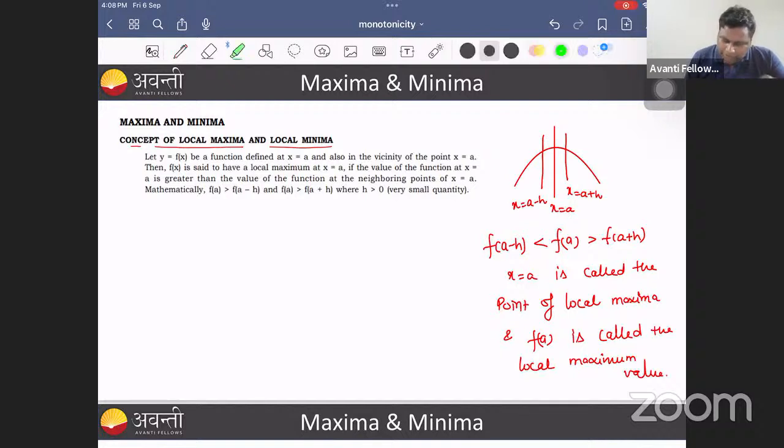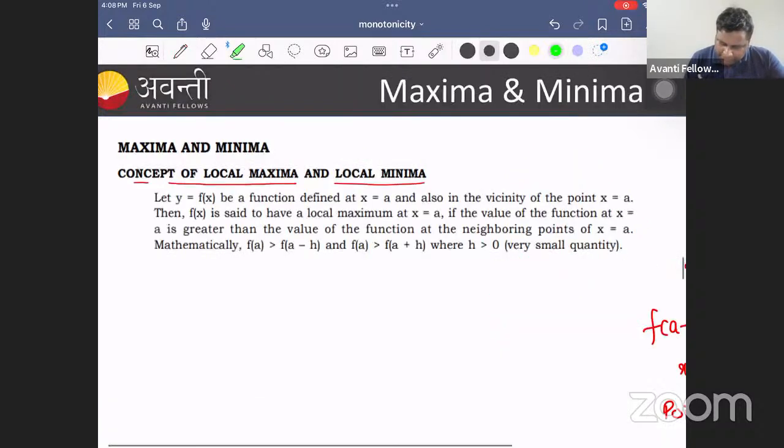So if we go with the particular definition, y equals f of x is a function defined at x equals a, and also in the vicinity of x equals a. Then f of x is said to have a local maximum at x equals a if the value of the function at x equals a is greater than the value of the function at the neighboring points, x equals a plus h and x equals a minus h.